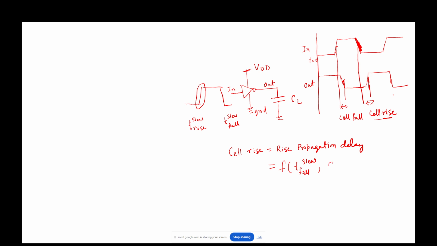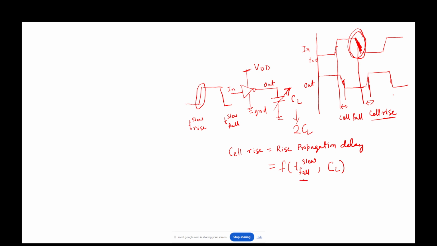If my load is CL and now I change to 2CL, it will take more time to charge the load. More time to charge the load means your propagation delay will increase. So all of you understood this, your cell rise will depend upon the input fall slew. It is clear for an inverter, because if this changes, your cell rise will change.